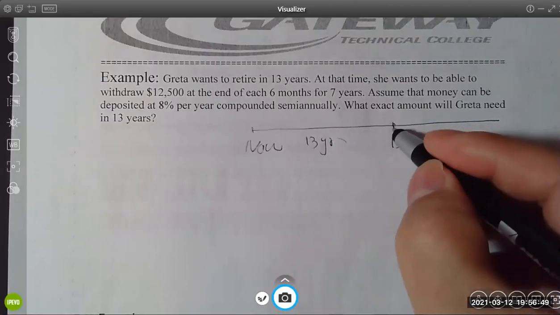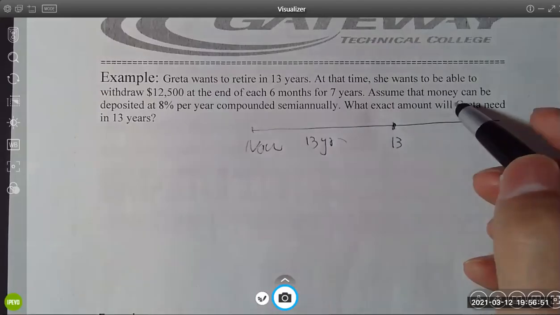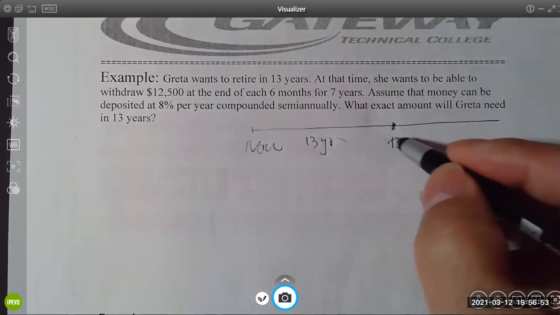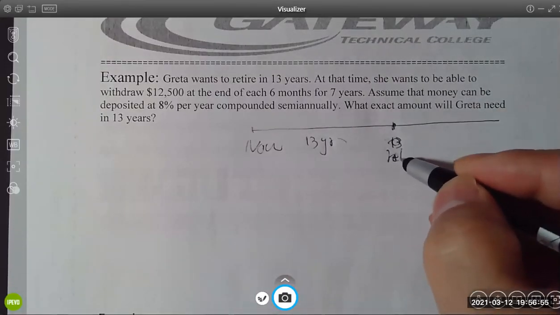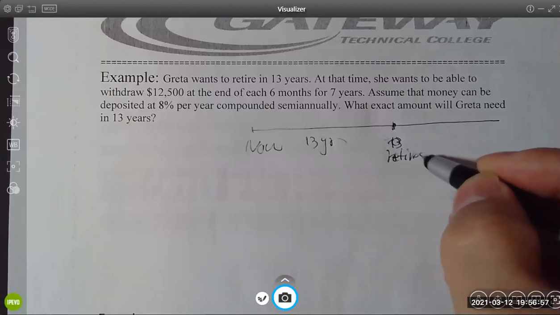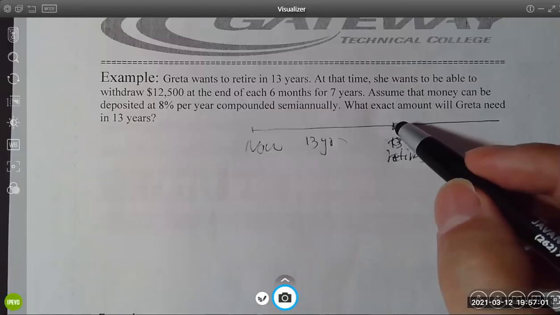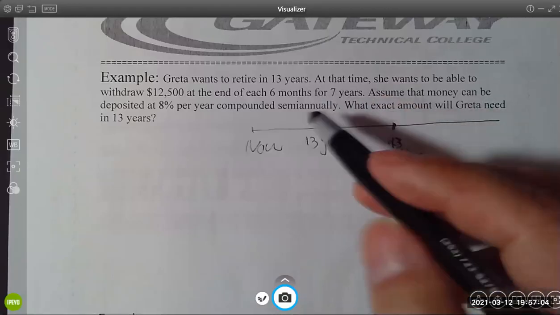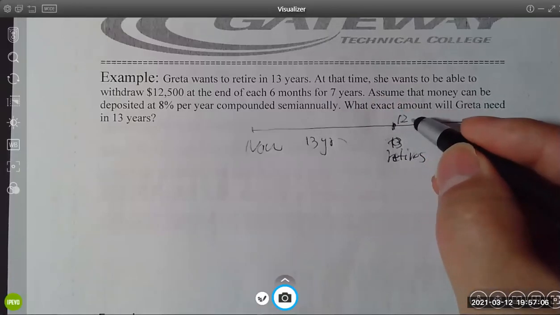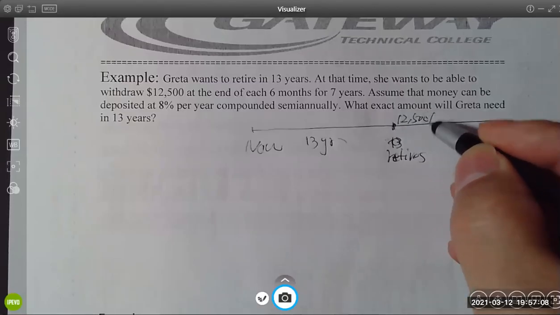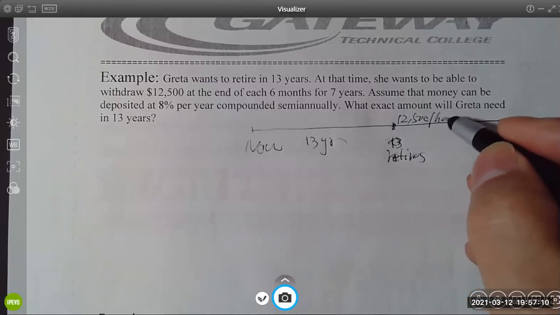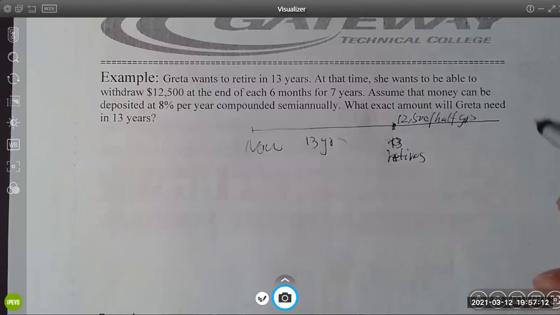This is after 13 years, Greta retires, right? Let's just call it retires, here at this point. Then as soon as she retires, she starts withdrawing this money, 12,500 per half year, every 6 months, right?